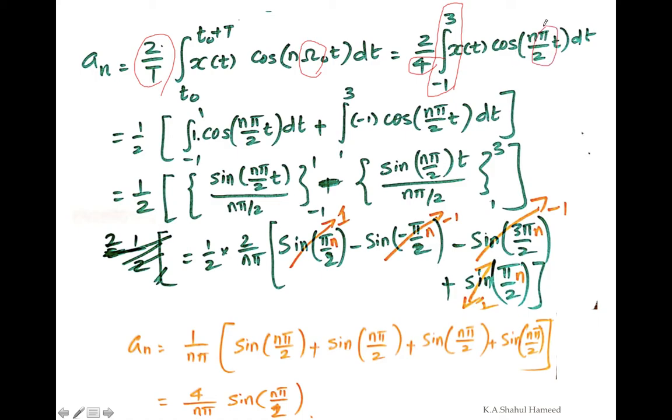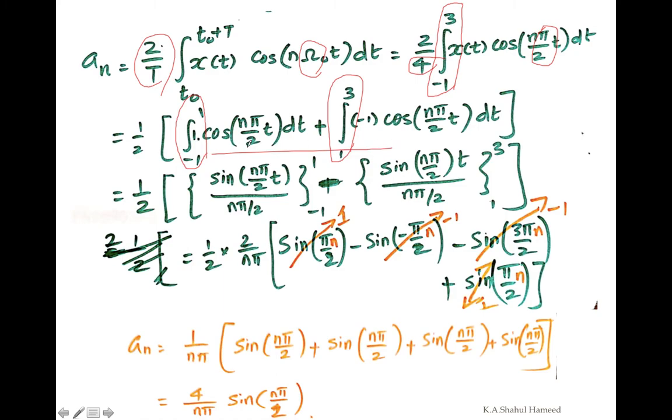After substituting I'll get this equation. Now we are going to split the integration into two parts because it has negative and positive sides: positive over minus 1 to plus 1, and negative over 1 to 3. After substituting I'll get this equation.